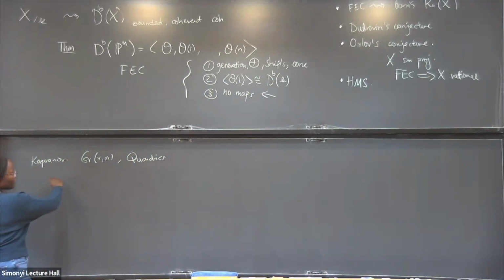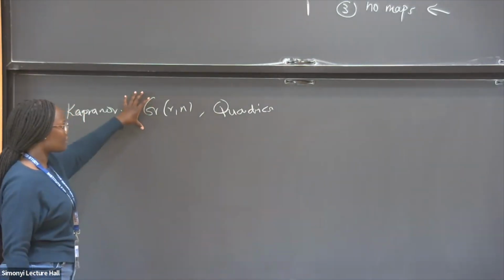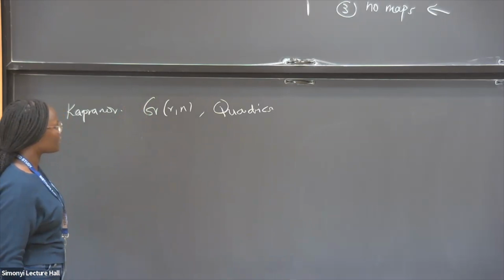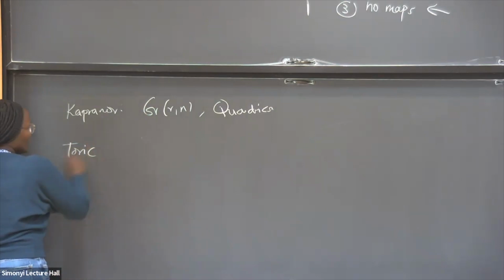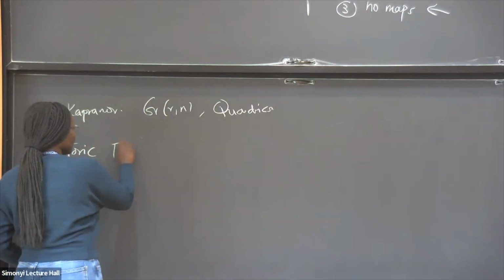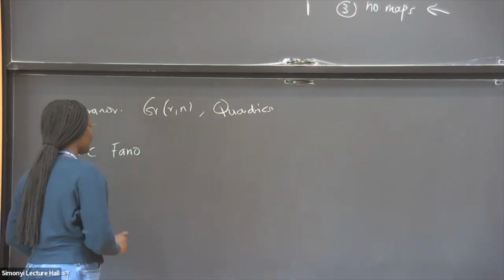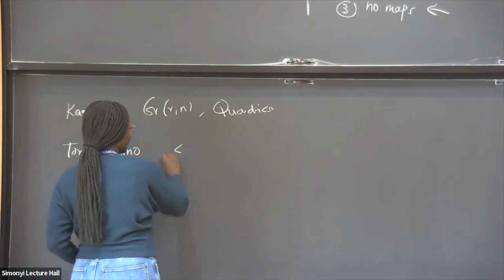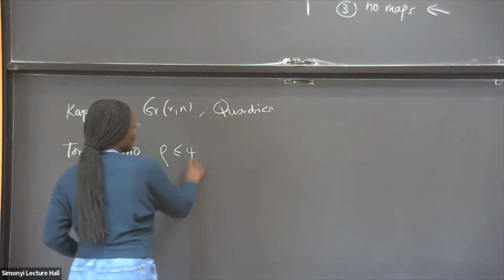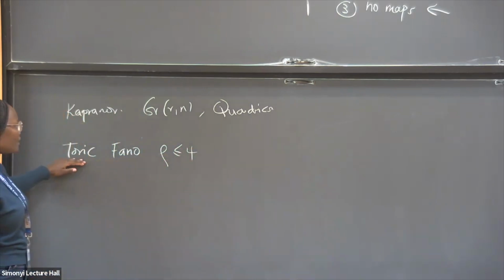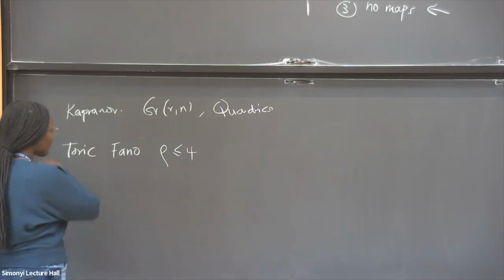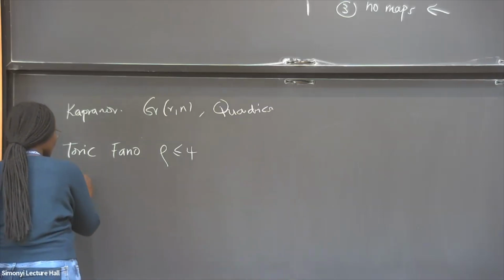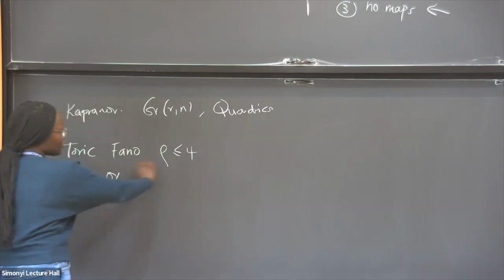But the only general class known is this type A situation. Then there are more examples in the toric case. For toric Fano varieties with Picard rank less than 4, these are known to have full exceptional collections consisting of line bundles, and more generally for toric orbifolds. So this is due to many people.